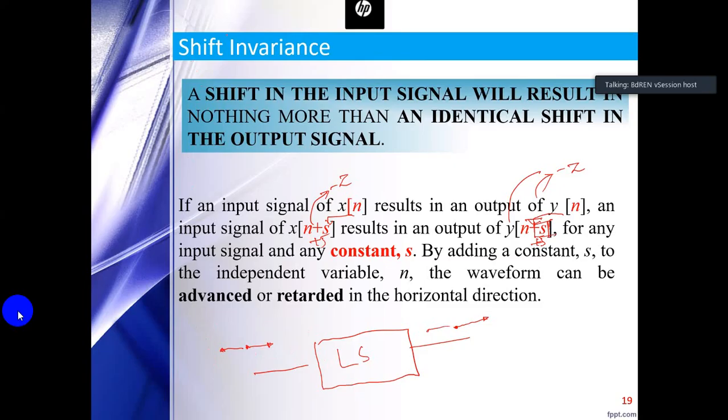Why is it called shift invariance? The term invariance means no change.